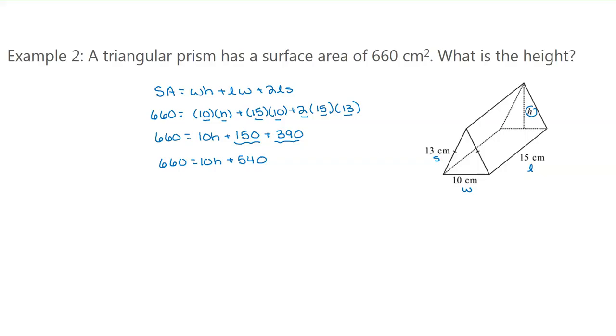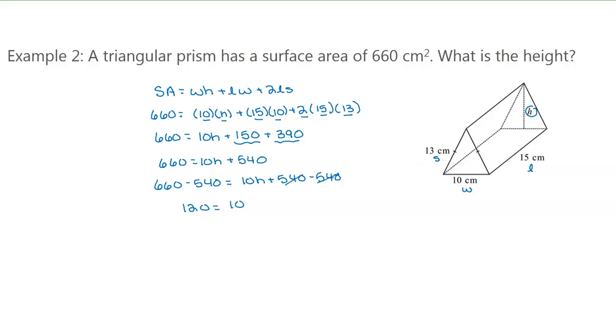So now, since I'm trying to isolate H, what I should do is subtract 540 from both sides. 660 minus 540 is 120. And on the right hand side, they cancel.